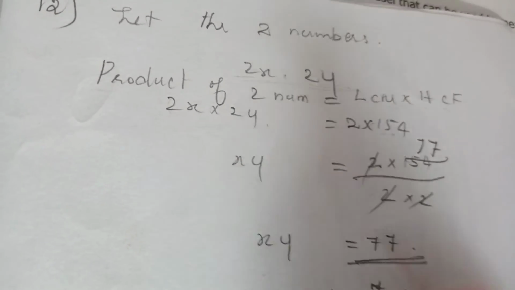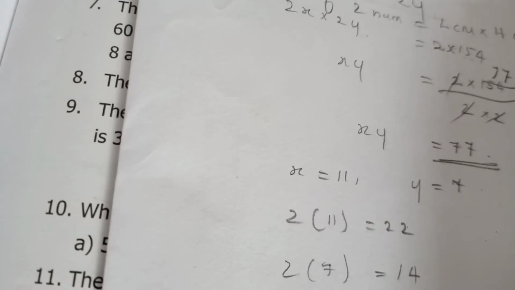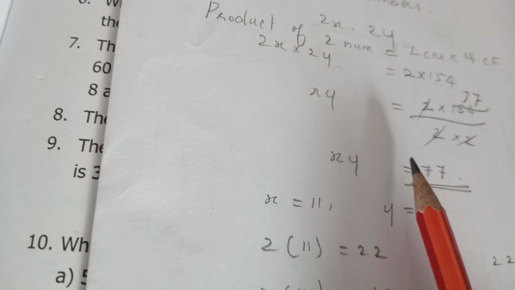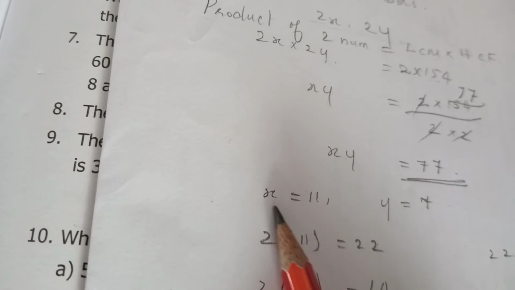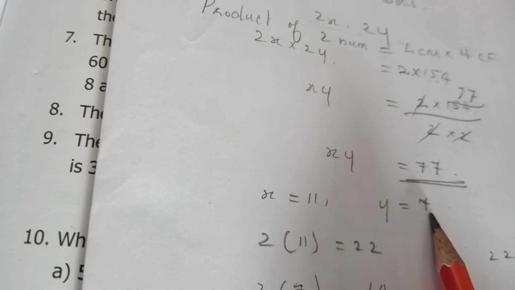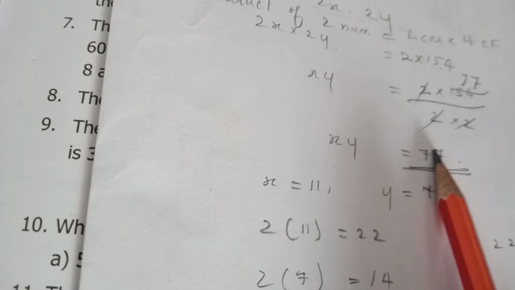How can we divide or separate this 77? How we can get the product of 77, we see x equal to 11 and y equal to 7. So 11 7s are 77.